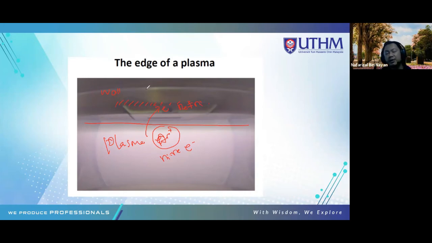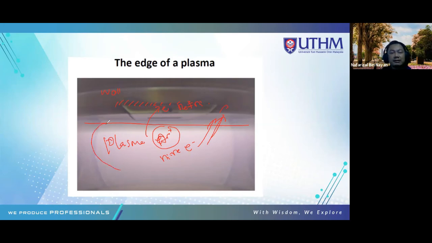So this is to make sure that if all the electrons move to the wall, what will happen? There will be no plasma because there is no charge contained inside the chamber. All the electrons will move to the chamber, and then there is nothing remaining inside the chamber.